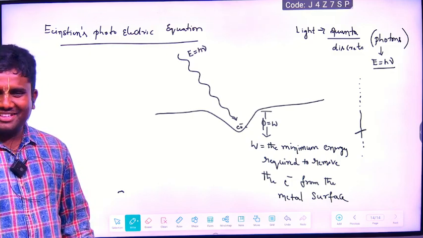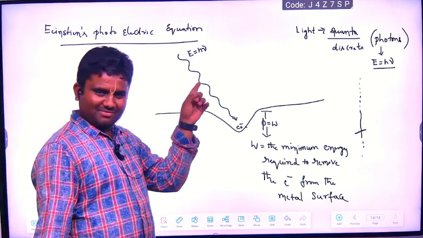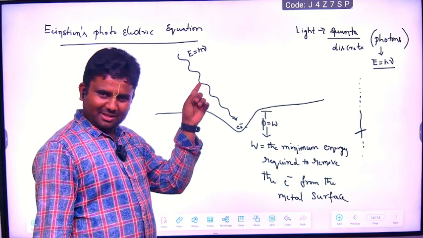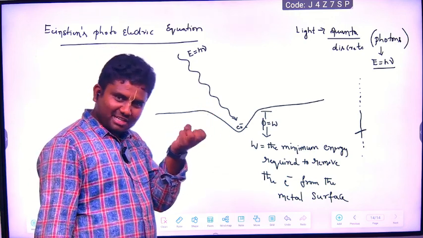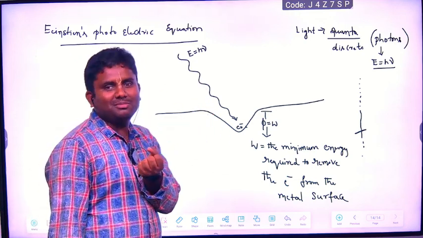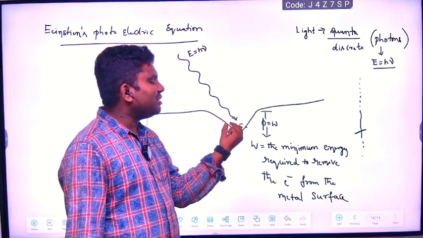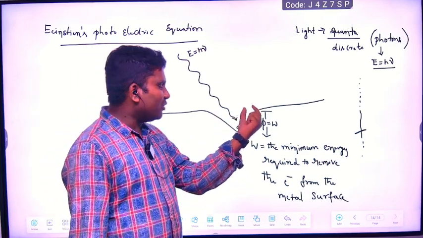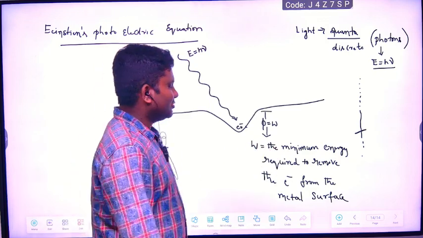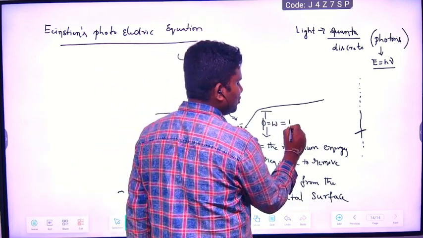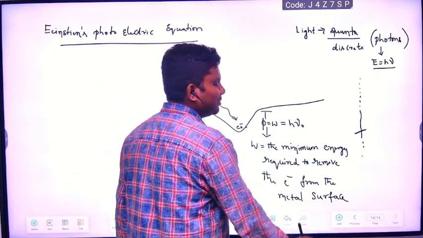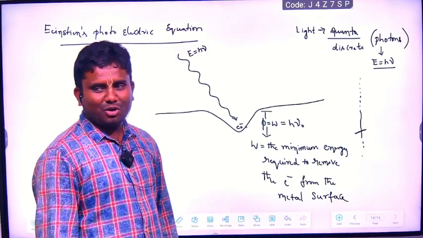So energy will come, and the electron will absorb that energy, that momentum. Now what will happen? Some part of the energy will be used to come out, which is the work function. This work function is what we call h mu naught.